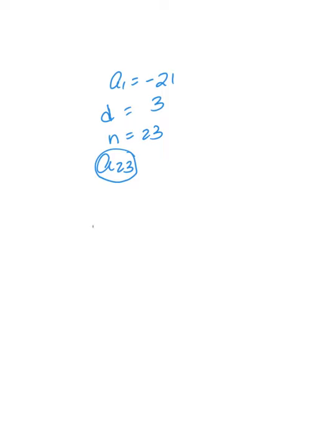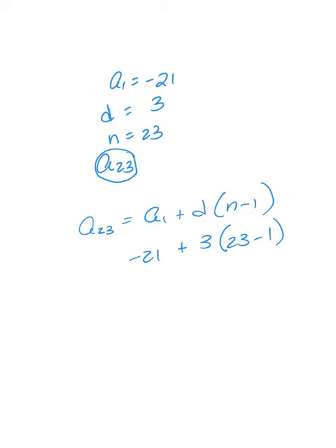And we have the formula that AN, which is A23, equals A1 plus D times N minus 1. It's plug and chug. -21 plus 3 times 23 minus 1. -21 plus 3 times 22. -21 plus 66. And that is 45, I believe.